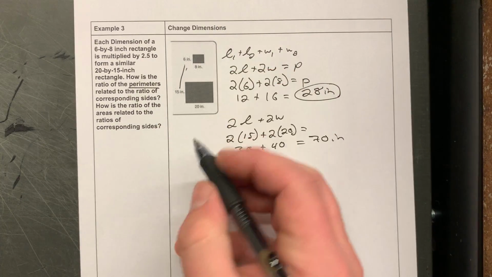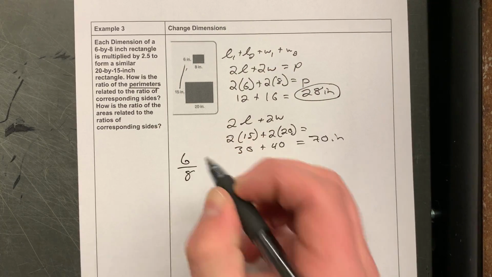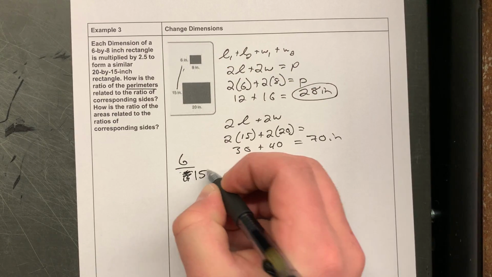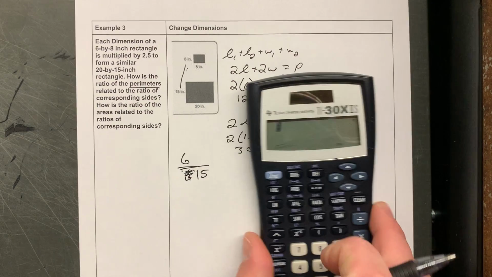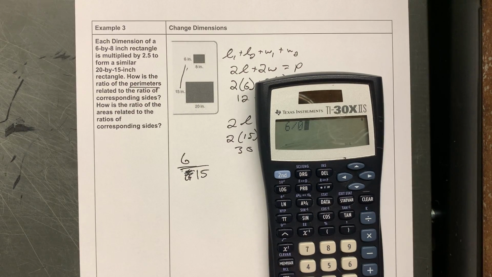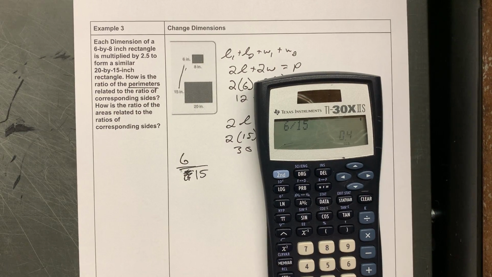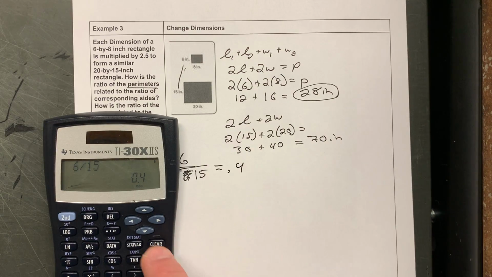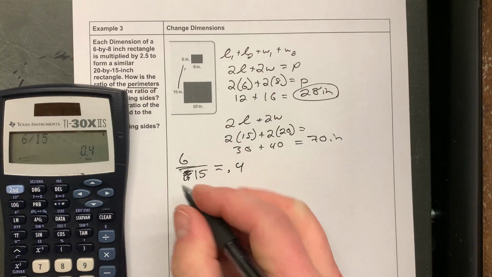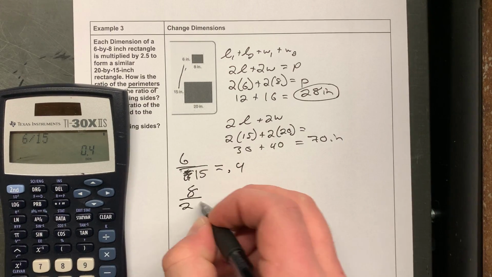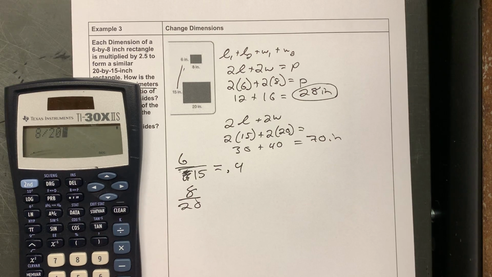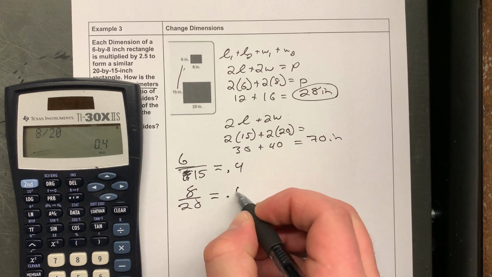Again, I just want to solve 6 divided by 15 to find out what the ratio is. If I do 6 divided by 15, I can see that my ratio is 0.4. I want to double check that to make sure that's the same for my 8 over 20. It's also 0.4.